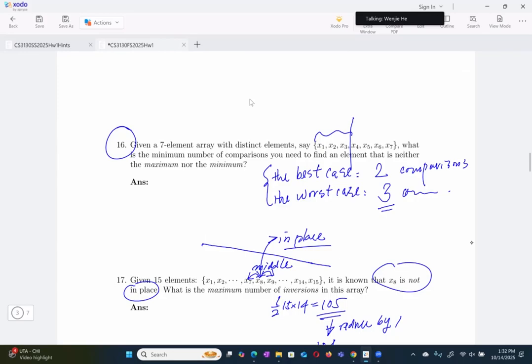Why? I explained. I remember in some situation I mentioned the logic. The logic is only when you cover the worst case, you solve the whole problem, right? If you just cover the best case, you didn't solve the whole problem. You leave some uncovered cases.